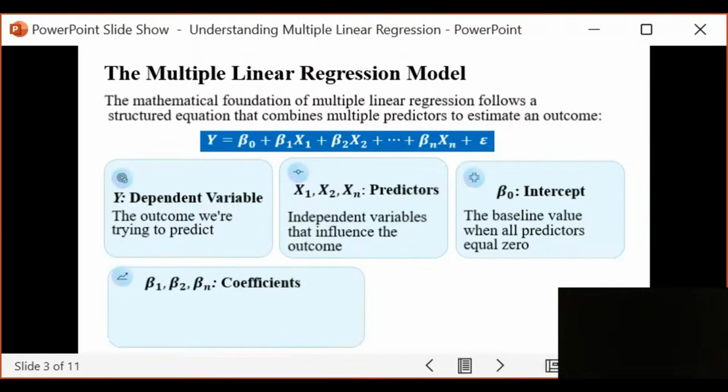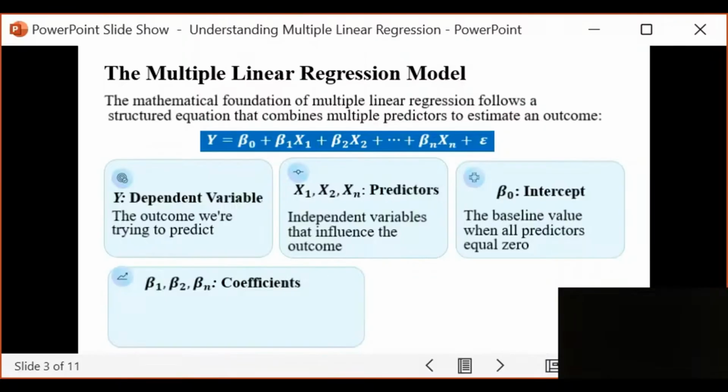Next are the numerical coefficients. We have here the coefficients beta sub 1, beta sub 2, and so on. These are really important. Each coefficient tells us how much y changes when one predictor increases by 1 unit, while all the other predictors are held constant. So if the beta is positive, that predictor increases the outcome.